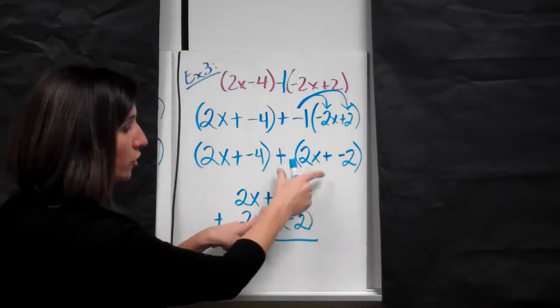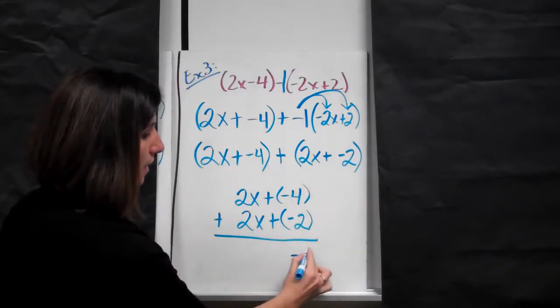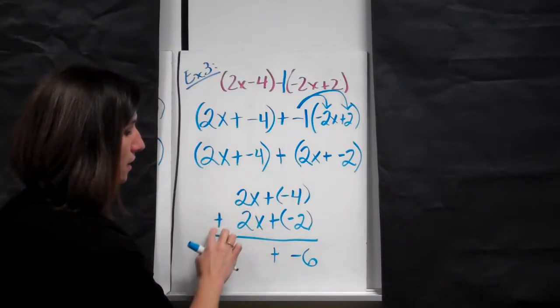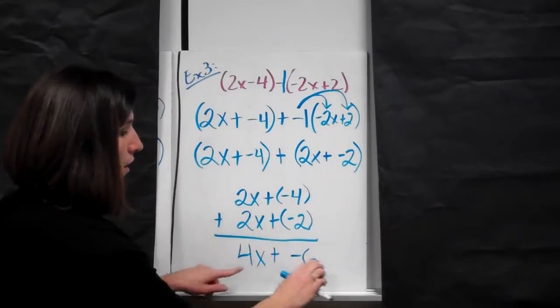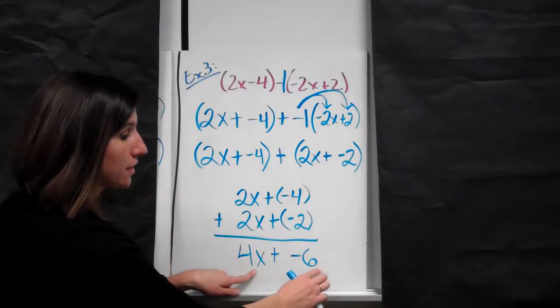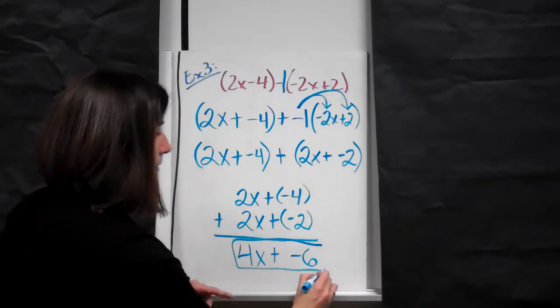So now you're going to work your way down. So negative 4 plus negative 2 gives us negative 6. Bring down your plus sign, and we have 2x plus 2x, which gives us 4x. Now remember, we cannot combine these because they are not like terms. This negative 6 doesn't have an x. So this is your answer.